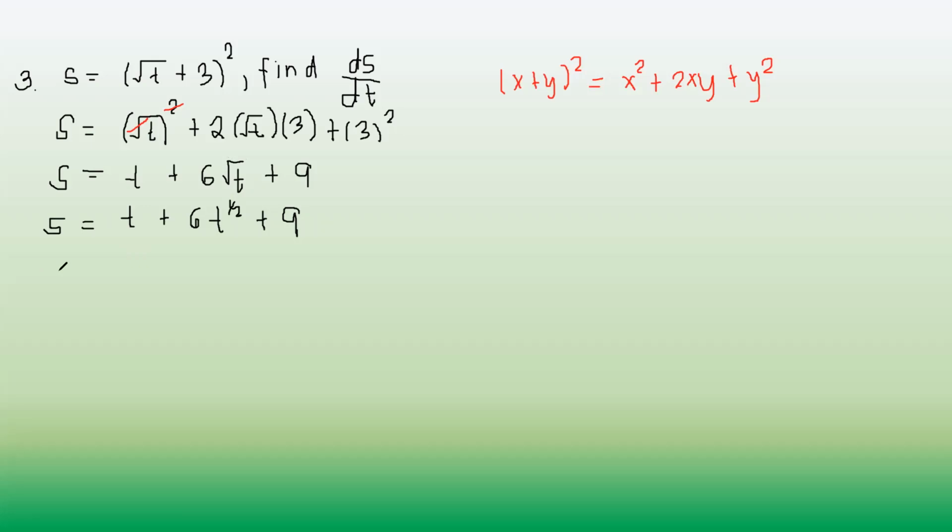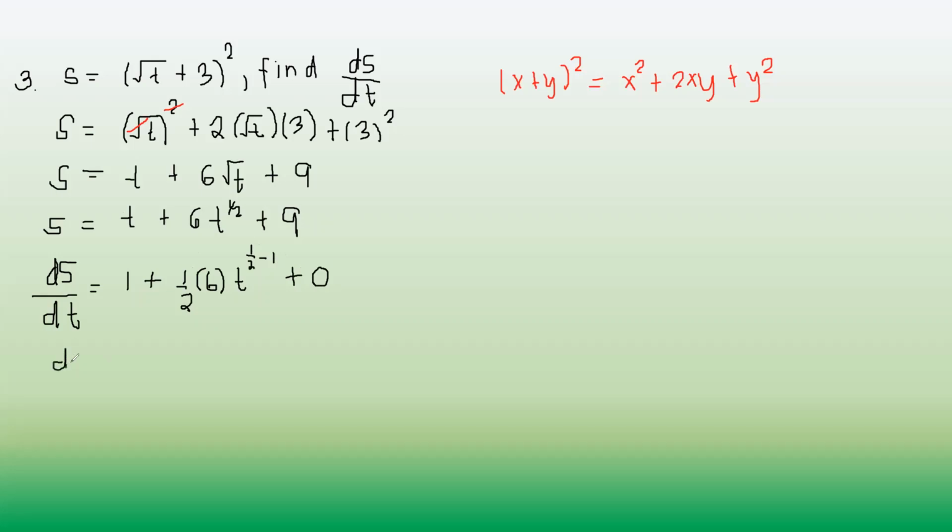And we're going to differentiate. Now applying power x raised to n and constant. So we have the derivative of s with respect to t. So ang derivative ng t, diba, 1 lang, kanyang pinaka-coefficient, 1. Plus, it will become 1 half times 6, tapos t raised to 1 half minus 1, plus derivative ng 9 ay 0.